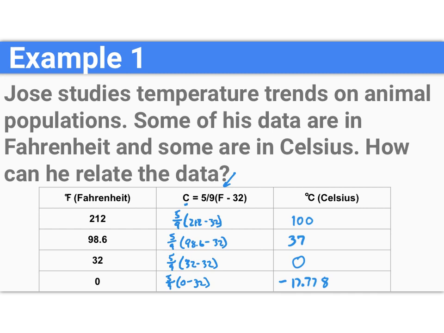So these are some typical numbers we should be aware of. 98.6 is body heat, 37 Celsius. 212 degrees Fahrenheit is the boiling point of water, 32 degrees Fahrenheit is the freezing point of water on a Fahrenheit scale, which is not based off water. The Celsius scale is based off of water, and so the numbers look a little different.